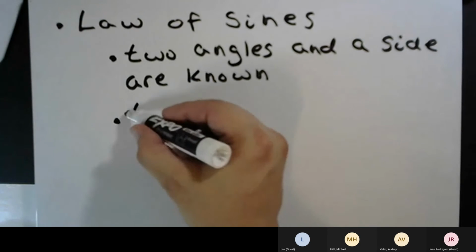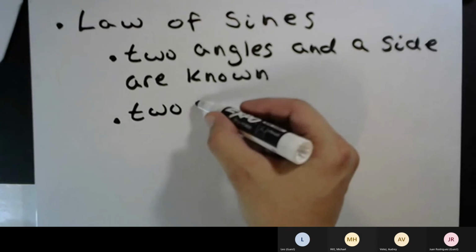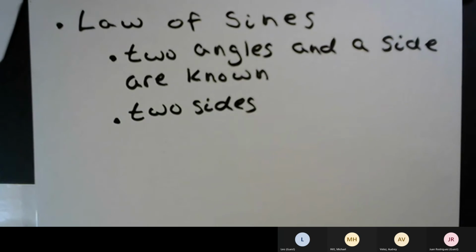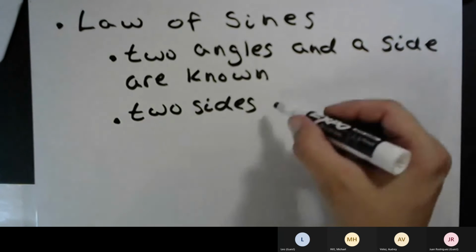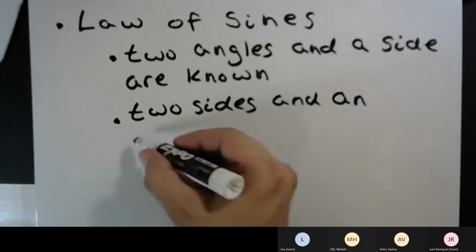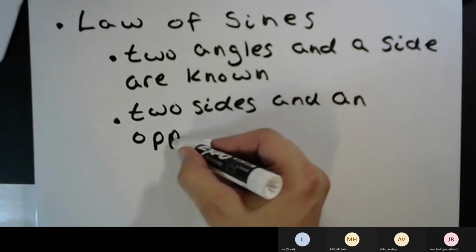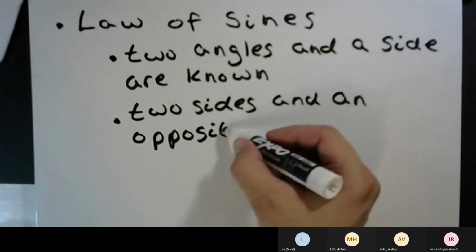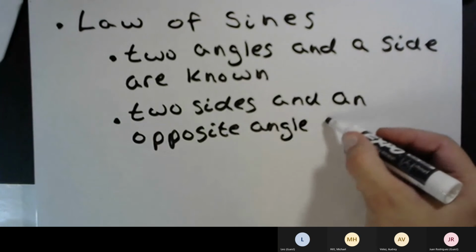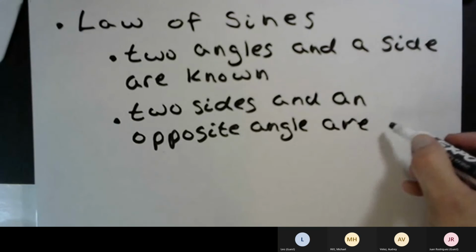And then 2 sides, as opposed to 2 angles, 2 sides and an opposite angle are known.